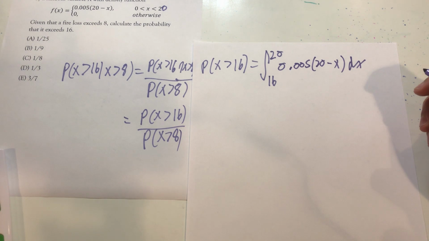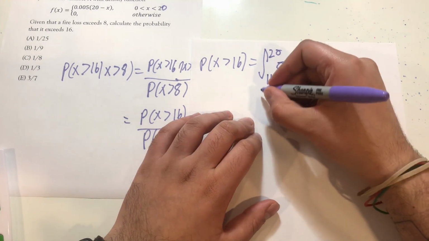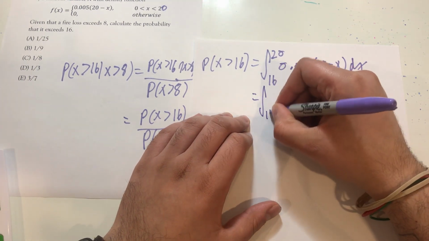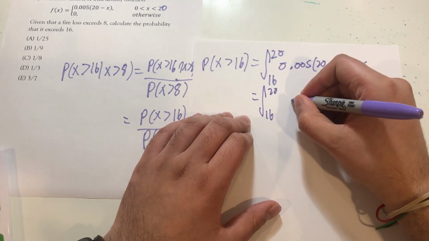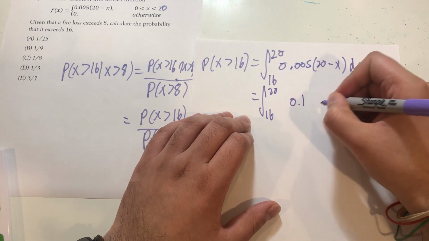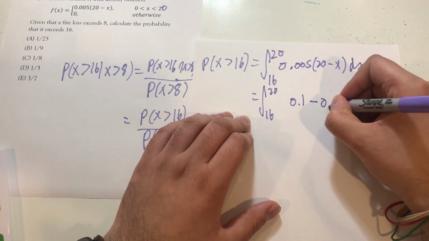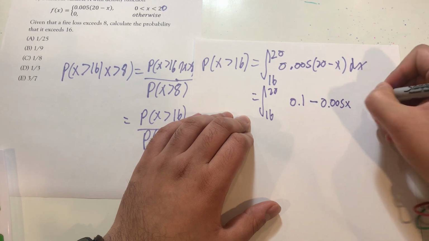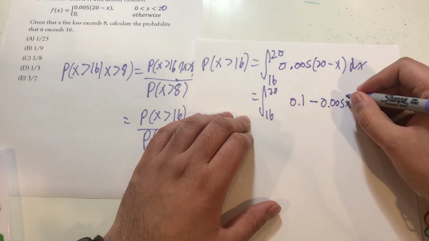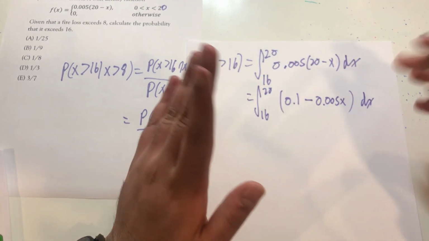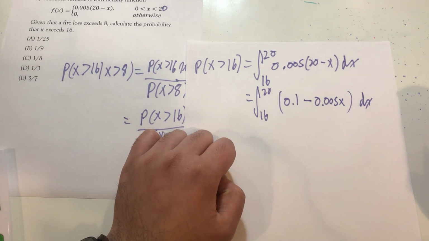So 20 times 0.005 is 0.1. So this ends up being the integral from 16 to 20 of 0.1 minus 0.005x dx. And this is where all your Calc 1, Calc 2 knowledge comes in.